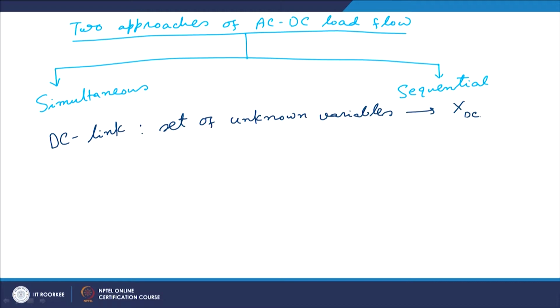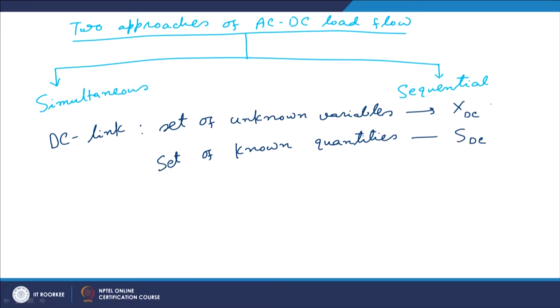It will also have some set of known quantities, which we call SDC, meaning specified quantities corresponding to this DC link.